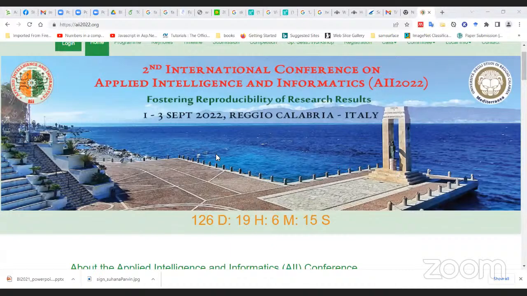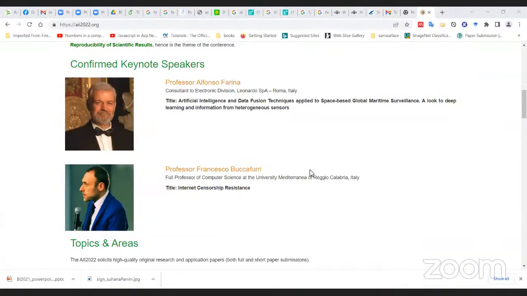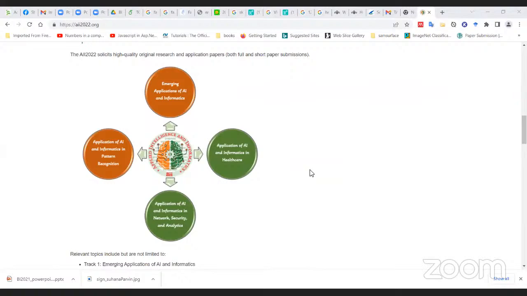We organized it in the UK at Nottingham University, and this year it will be held in Padova, Italy. So you may apply and publish your paper, and we have some confirmed papers.